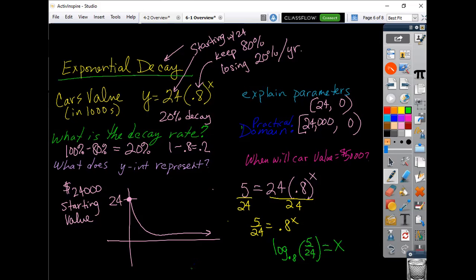And if you're using a calculator, if you're using a change of base property with these, you can do this like log base 10 of the 5/24ths over log base 10 of the 0.8, and then you can do it on any calculator. If you have a different calculator that lets you put in bases, or if you're using Desmos, you can look up the format that you have to type that in.